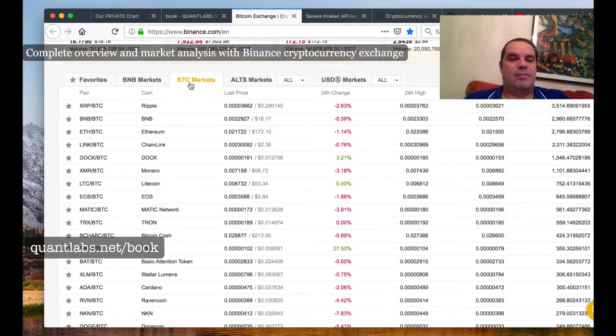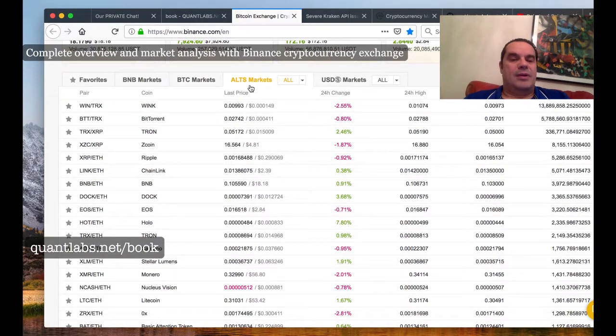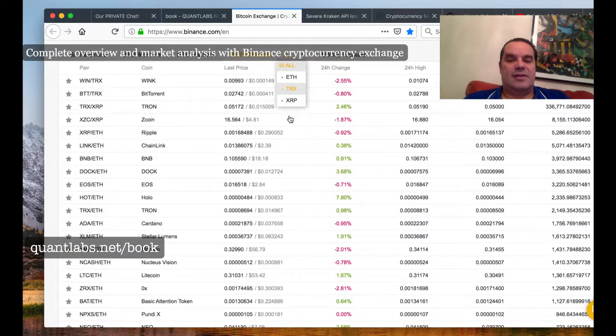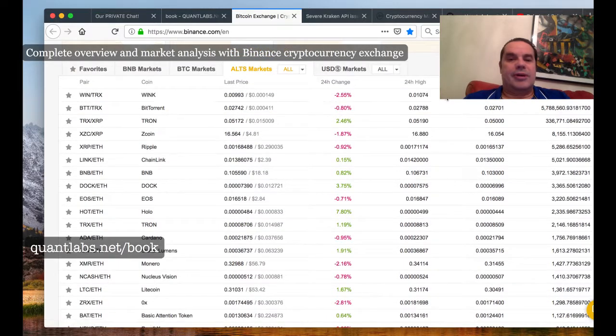Then let's start with the alts market. The alts market here is all of these. As a stable coin, you have Ethereum, Tron, and XRP. Let me list all.